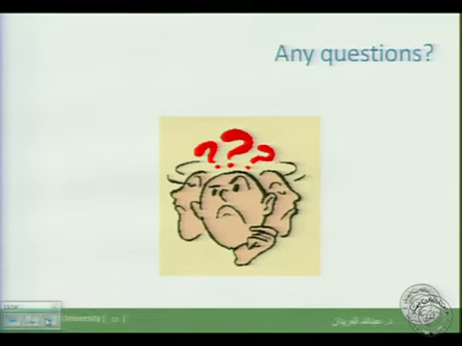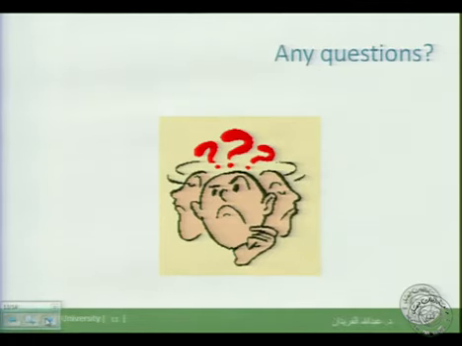Number three, if you buy this book, it will help you with the other courses. How? Sometimes, for example, let's say that you are going to the 6th level or the 7th level, and you have a course called composition or essay, and you want to write a very complicated sentence, but you are not sure about your grammar.